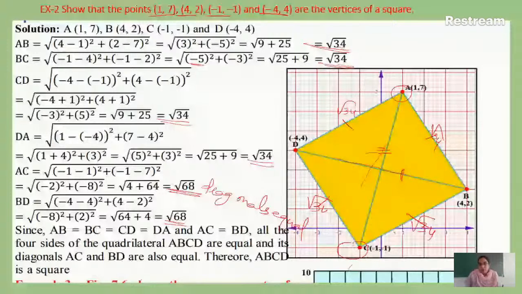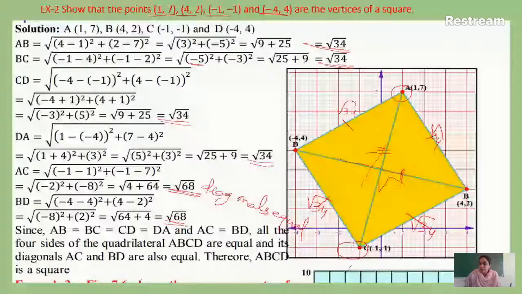So with all these properties, this given quadrilateral formed by the 4 points, we can name it a square. The given quadrilateral is a square as all its sides are equal and all its diagonals are equal.